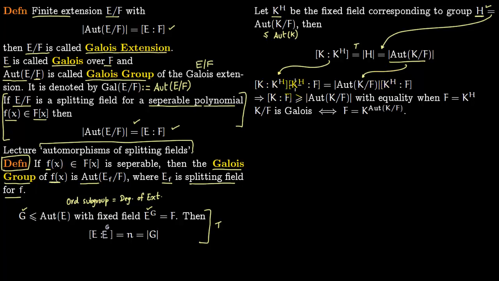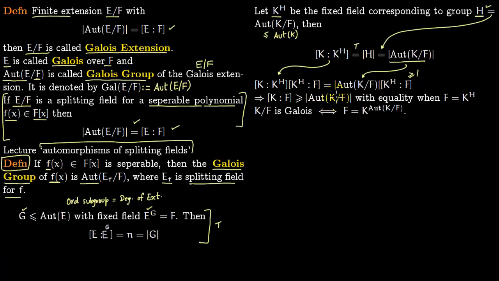Now multiply both sides by the degree of K^H over F. Now this K^H over K^H will cancel out. You have K over F on this side, and you have K^H over F here. This is an extension degree, and it is always greater than or equal to 1. So if you skip this, then this greater-or-equal sign will come here. So you have K over F, this degree of extension, is greater than or equal to the size of our automorphism group.